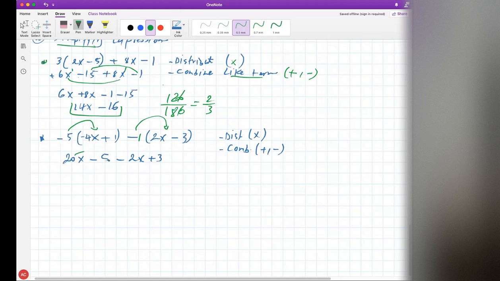For example, you can say it's plus 20 and a minus 2. That would be 18x. Same time, this is a minus 5, we're going to combine that with plus 3. Negative 5 plus 3 is negative 2.